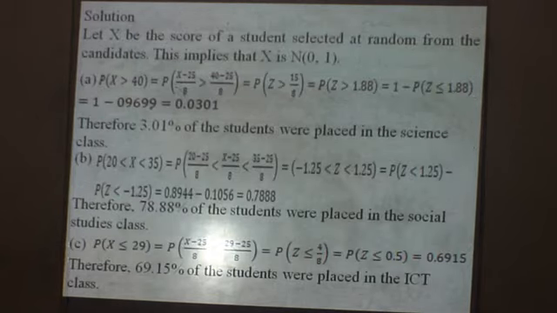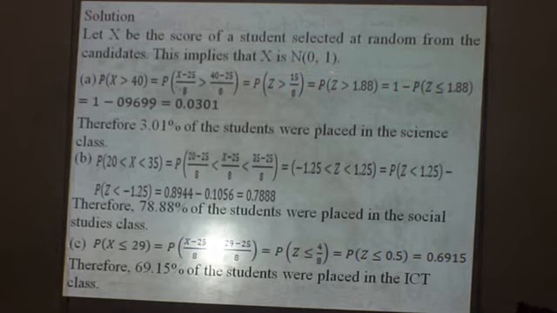Now let's look at the solution. As usual, we have to define our random variable, which is x. So we say let x be the score of a student selected at random from the candidates. So this implies that the random variable, the score of the student, is normally distributed.